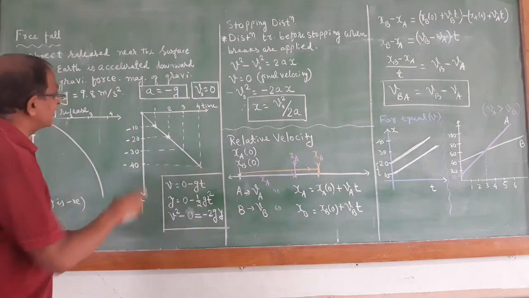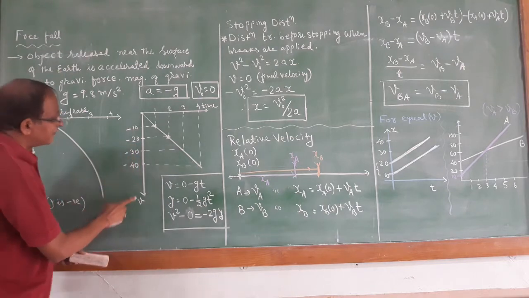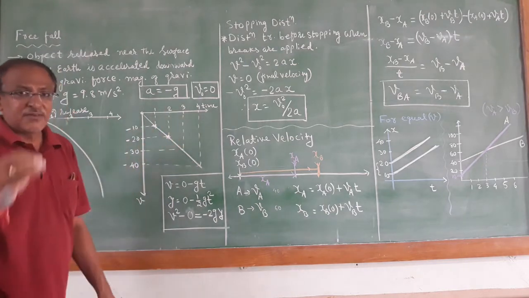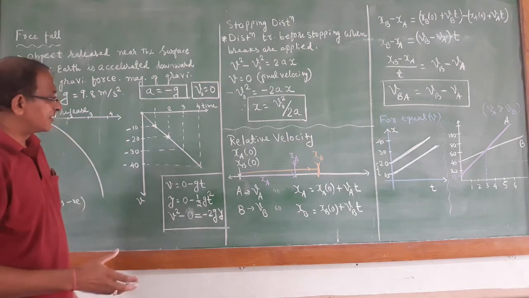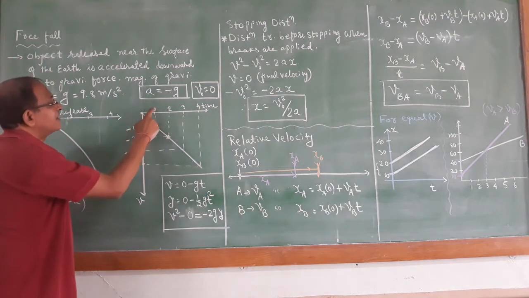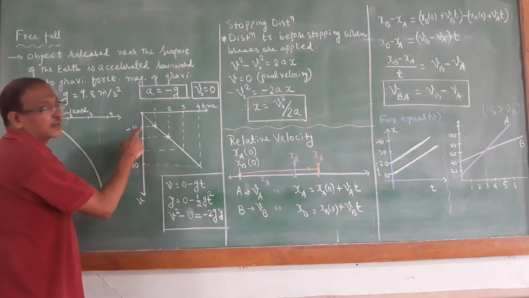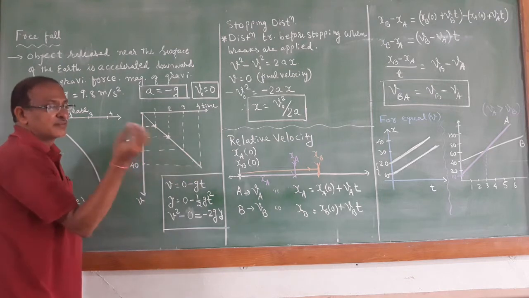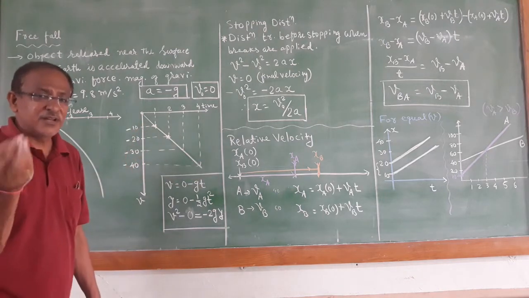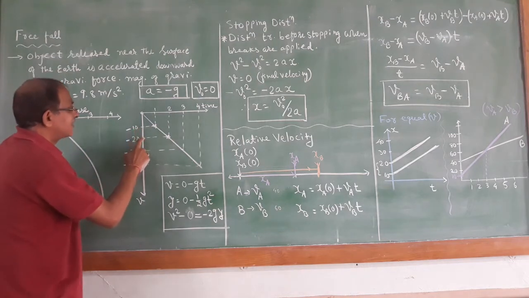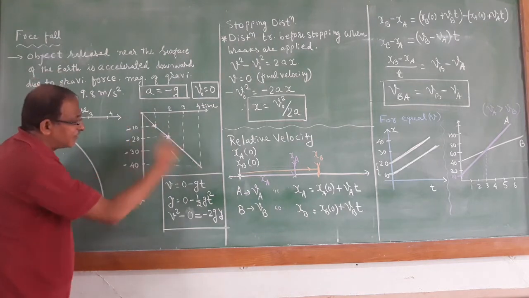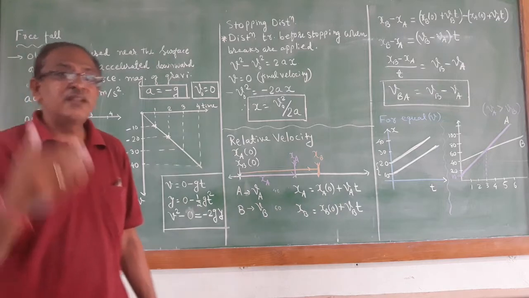Now try to understand. We draw the graph of velocity versus time. Velocity gradually increases. Initially in 1 second, say it is minus 10, or about 9.8. So minus 10, 20, that way the value of velocity gradually increases.